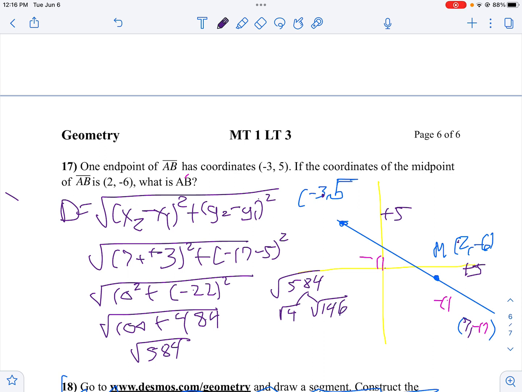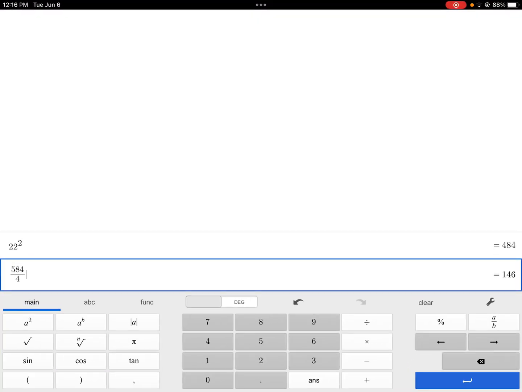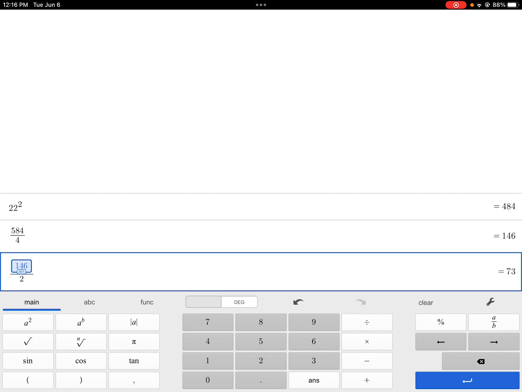Now let me see. 4 plus 1 is 5. 5 plus 6 is 11. I don't know if anything goes into 146 that's a perfect square. Well, let's try 2. If I take 146 and divide that by 2, I get 73. But nothing goes into 73, so I was right.